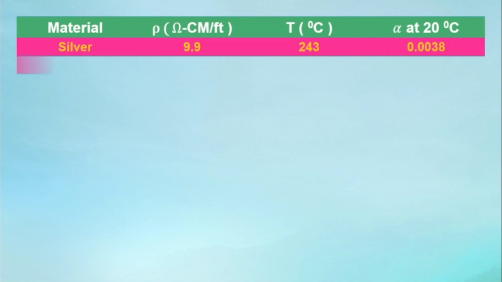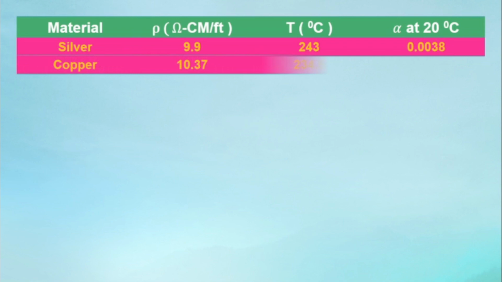Copper with resistivity of 10.37, temperature of 234.5 degrees C and coefficient of resistance 0.00393.